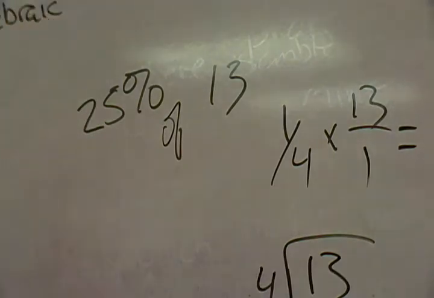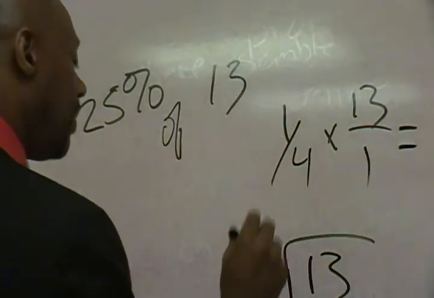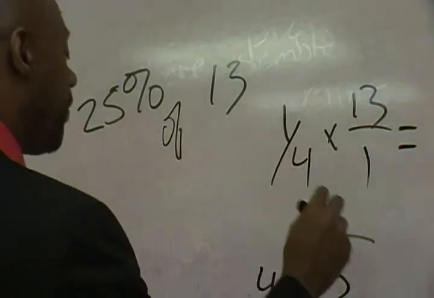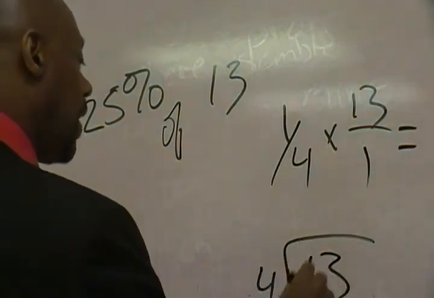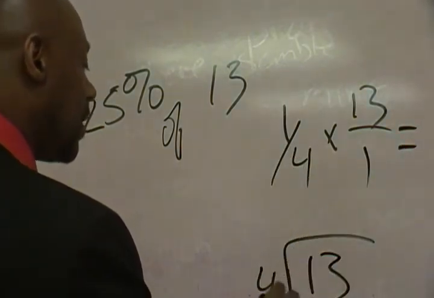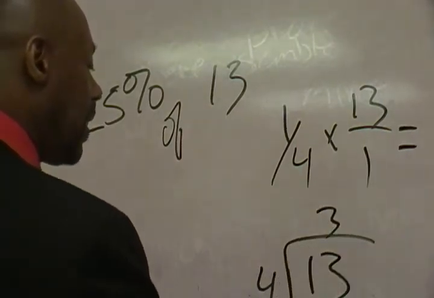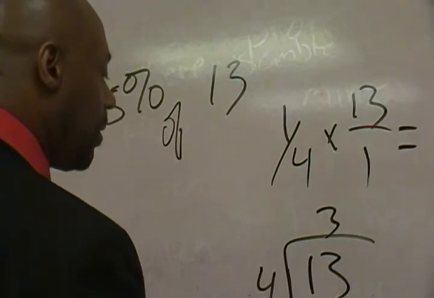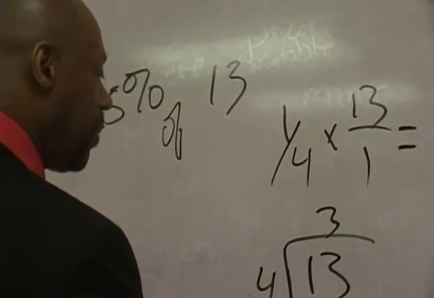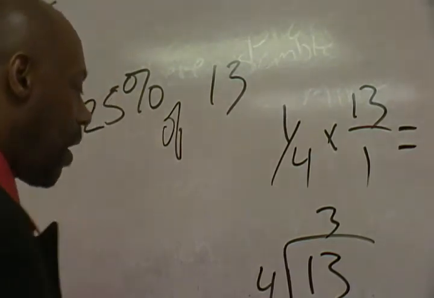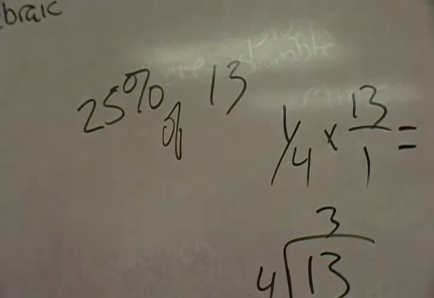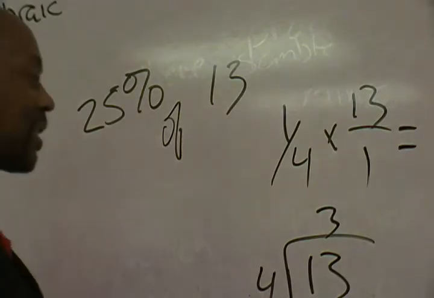3 and 1/4. Say it again? 3 and 1/4. All right, you said 3 and 1/4. So I'm going to break it down like this, doing it the long way. 4 goes into 13 three times, that'll be 12, remainder 1. 4 can't go into 1, so I add my decimal.